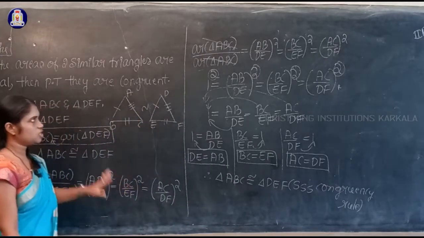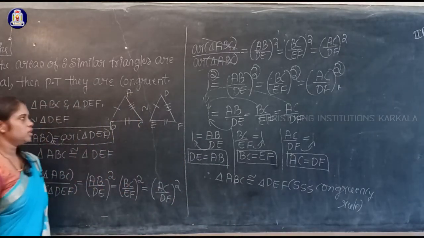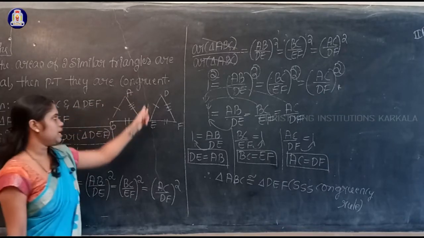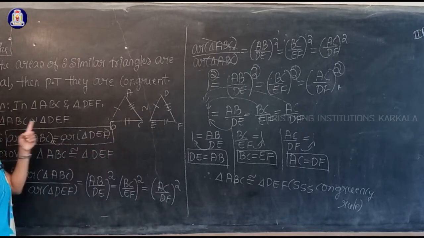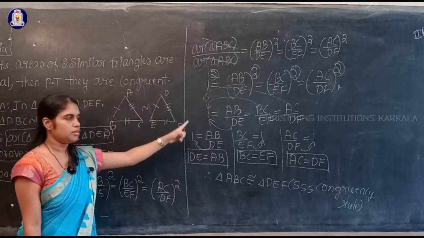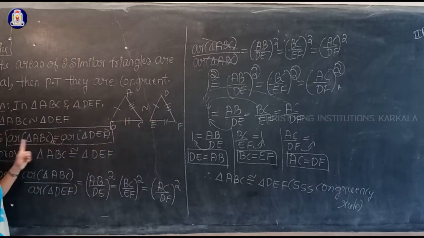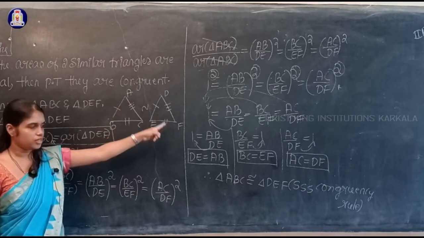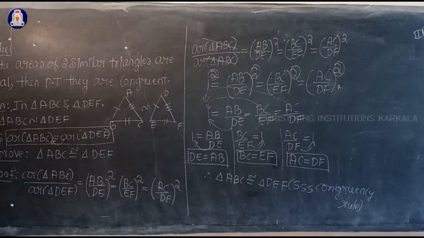So this is the solution for this problem. Recall what is given in the question: triangle ABC and triangle DEF, these two triangles are similar. Also given, area of the first triangle ABC equal to area of the second triangle. Next, the proof part: to prove these two triangles are congruent. So now I will consider the proof part.